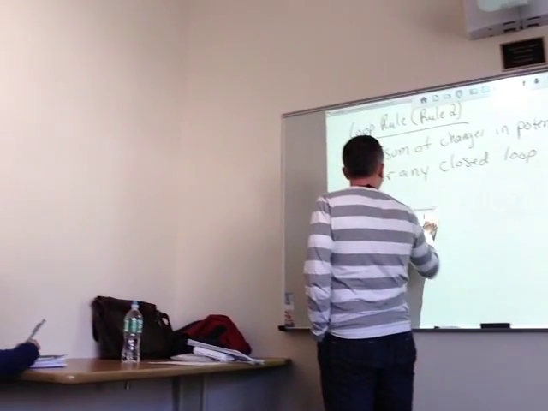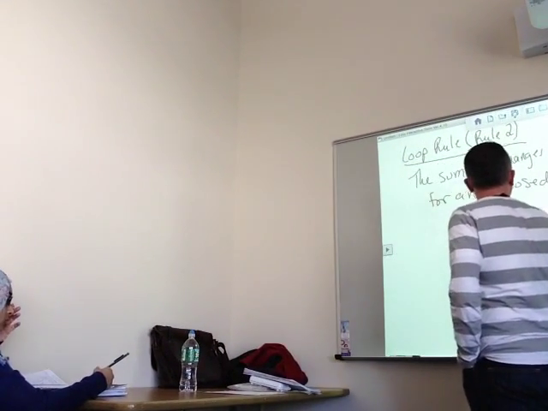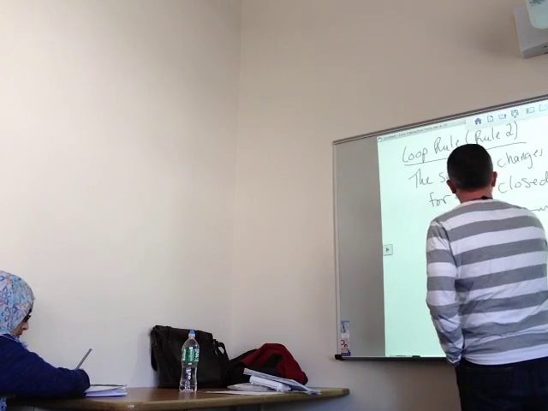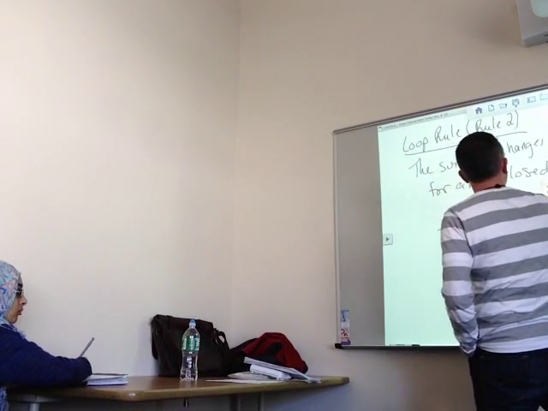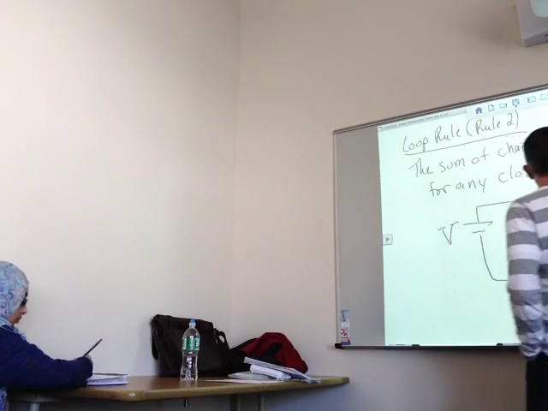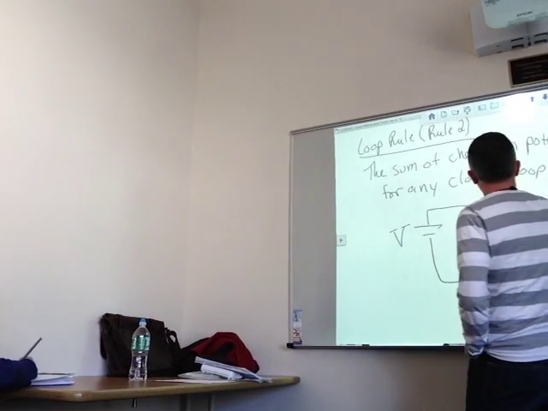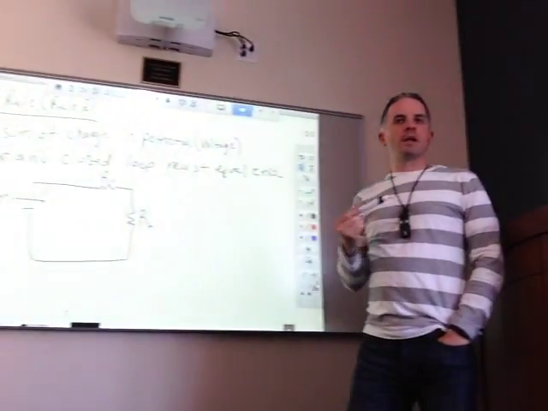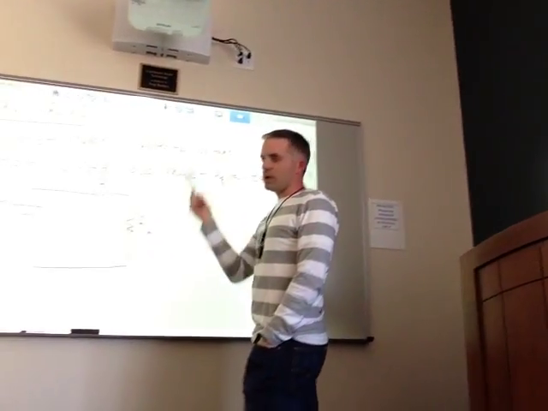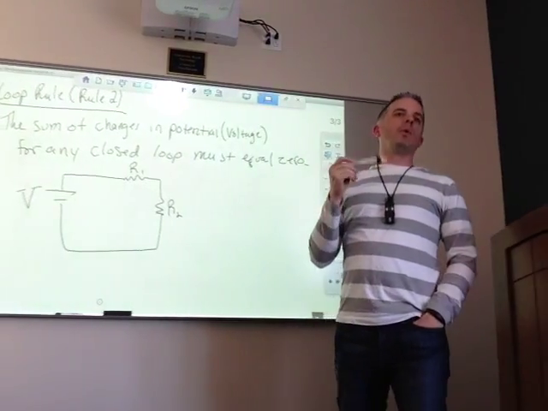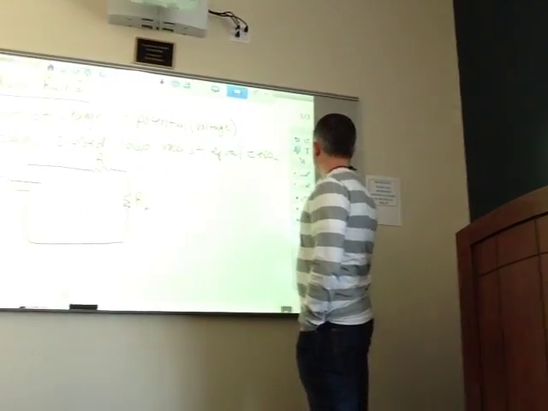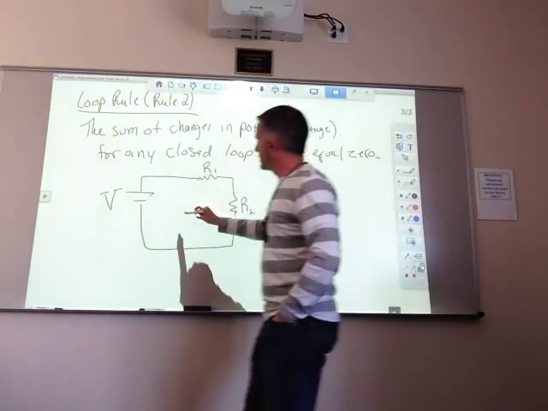So if we look at that from something like this, where this is V, we'll call these R1 and R2. What we want to do is pick a direction that the current is going to flow in, and we'll just draw it on there.